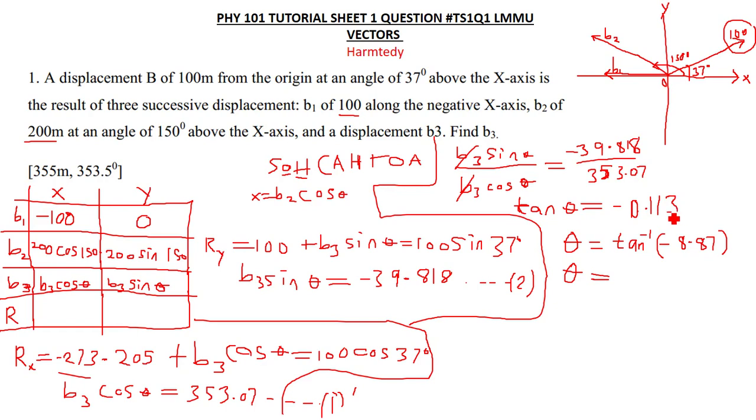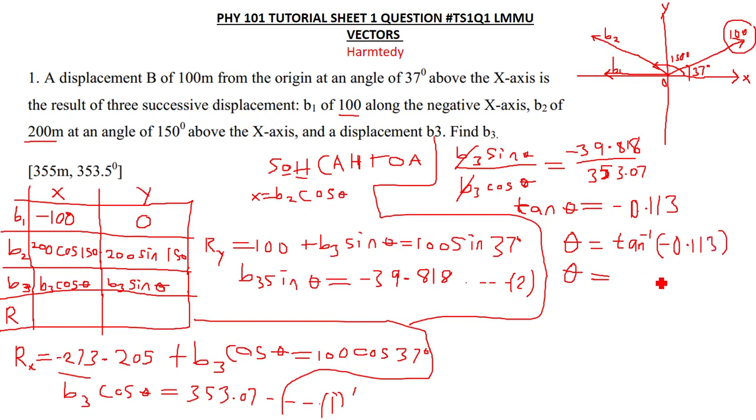3. Then when you find the tan inverse of negative 0.113, so let's do this. Negative 0.113.